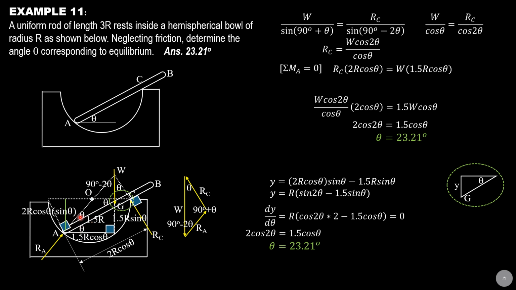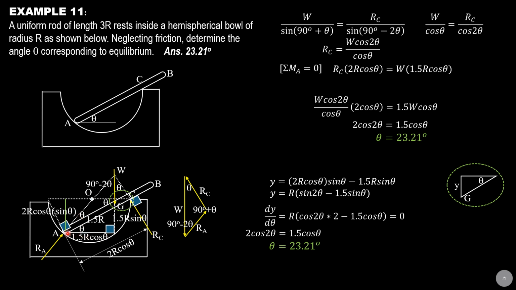So the measure of this angle and this angle equal theta, because we have a horizontal and a common hypotenuse. So this is horizontal and that's theta also. Because this is theta and triangle COA is an isosceles triangle, that's the radius, that's also the radius, so therefore this is also theta. The total angle that R sub A makes with the horizontal therefore is 2 theta.